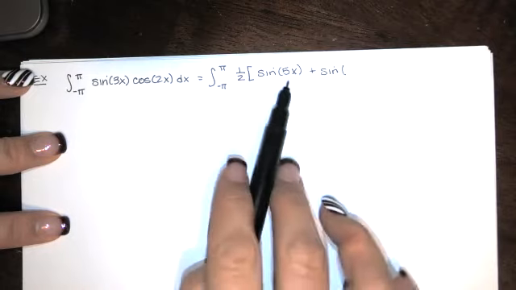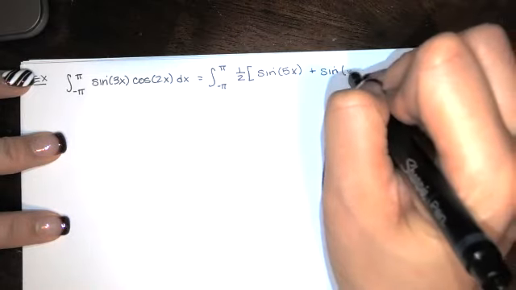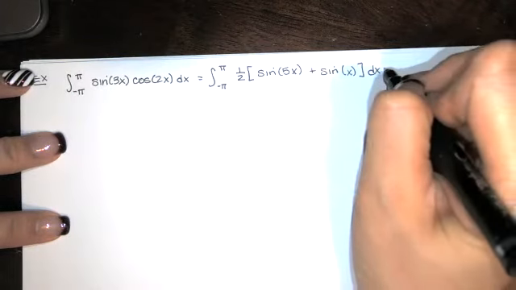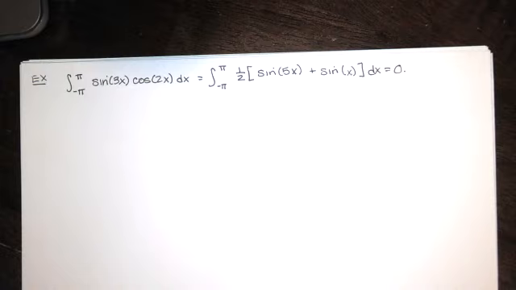So 3x plus 2x is 5x, 3x minus 2x is just x. If you do the integration from here, it turns out that you get 0. It's so simple that I'm just going to let you handle that one.